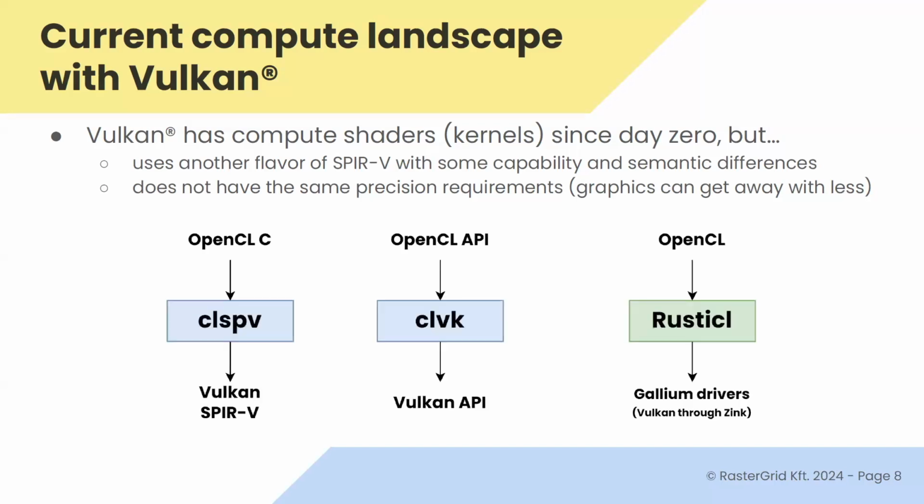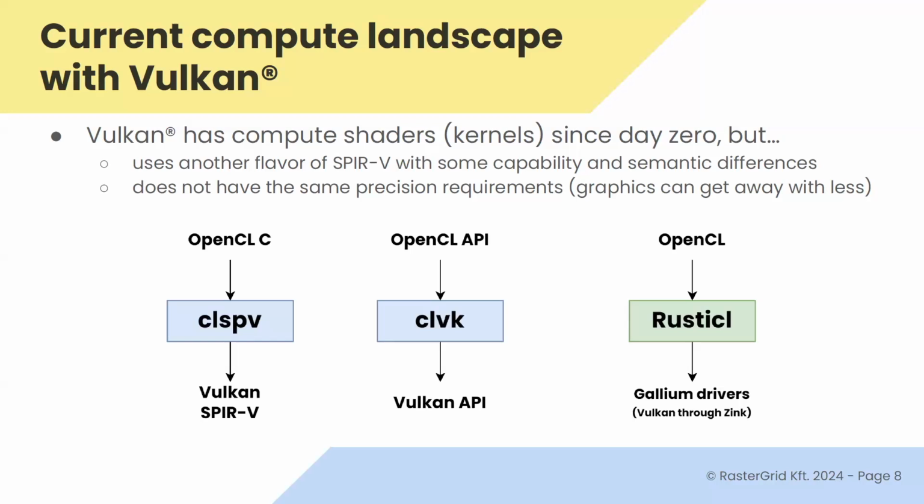And in fact, there are various efforts happening in the ecosystem. There is the CLSPV project, which is a compiler that compiles OpenCL C to the Vulkan flavor of SPIR-V. There is CLVK, which is a runtime implementation that implements the OpenCL API on top of the Vulkan API.